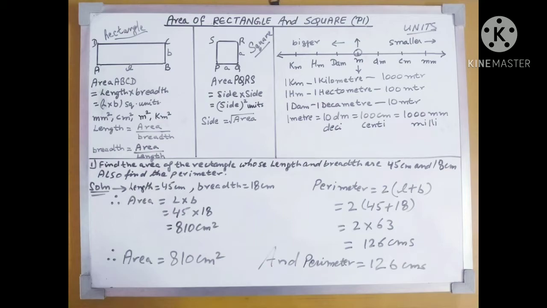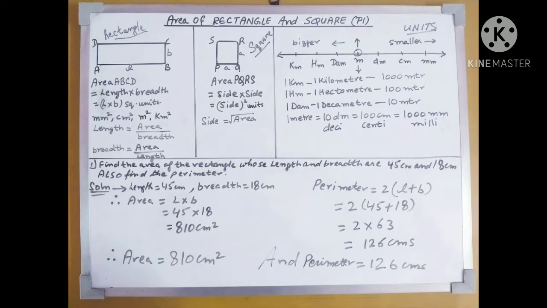So first I will tell you about the smaller units. So in 1 meter we have 10 decimeter, or we have 100 centimeters, or we have 1000 millimeters, right? So 1 meter is equal to 10 decimeter is equal to 100 centimeters is equal to 1000 millimeters, right? Similarly, we can say that kilometer is bigger than meter.